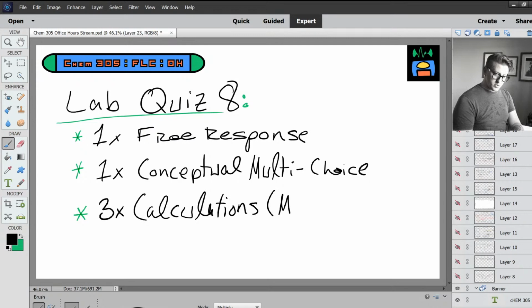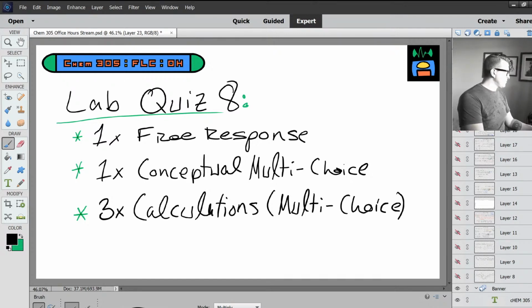These are also multiple choice. Is that right? Am I missing something? Yep, so that is the tale of Lab Quiz 8.